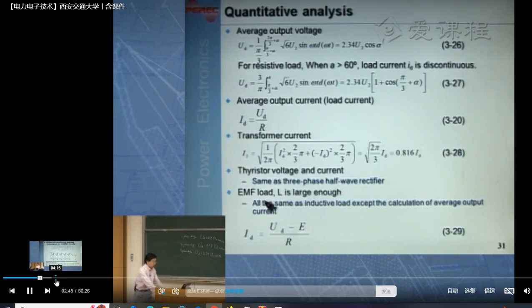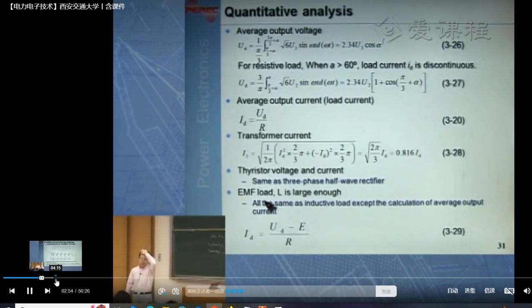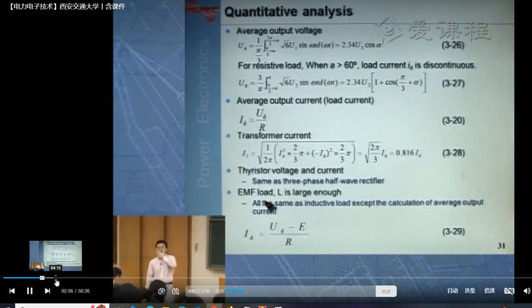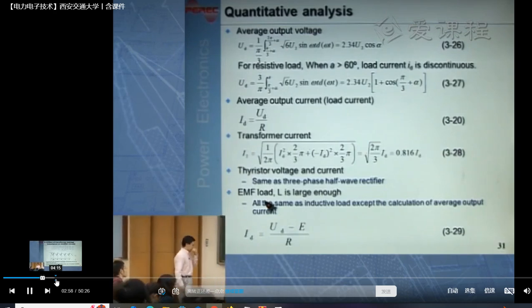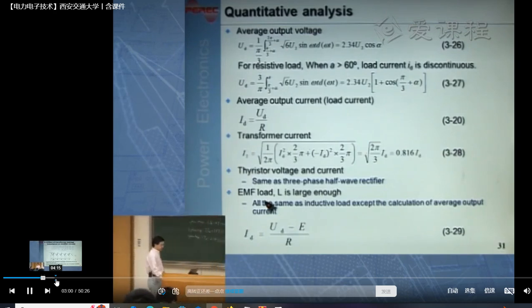And for EMF load, EMF, electromotive force, that means in the DC side you have a DC voltage source. If we also consider when the load inductor is large enough, then this is almost the same as the inductive load.